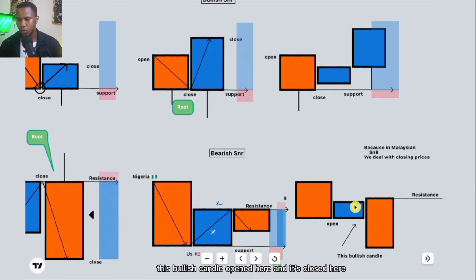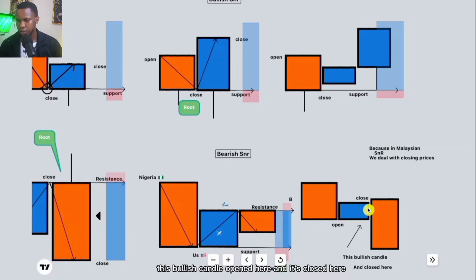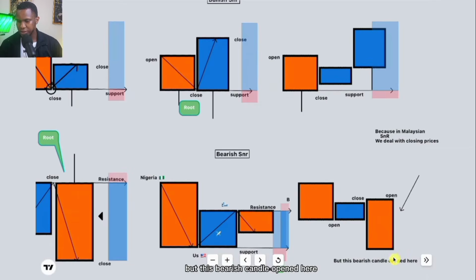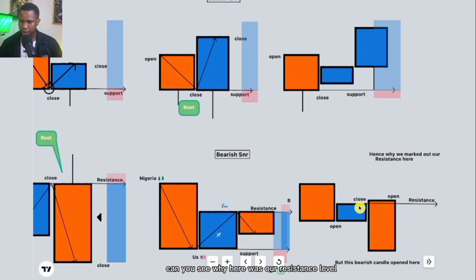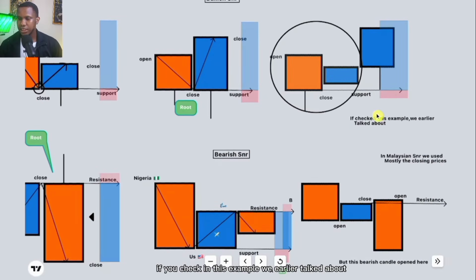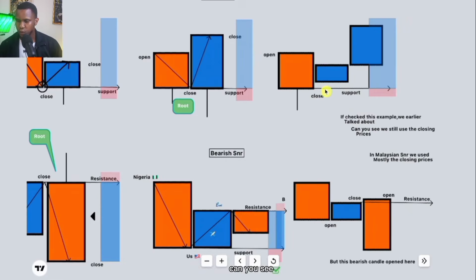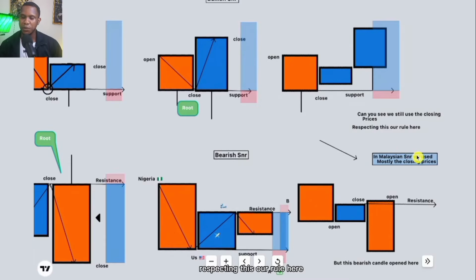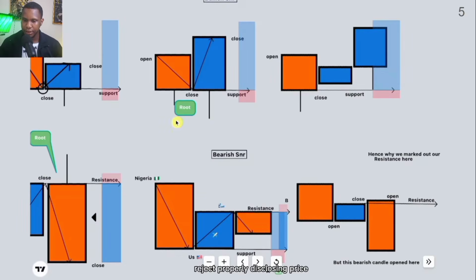This bullish candle opened here and it closed here, but this bearish candle opened here, and you see why here was our resistance level. In fact, if we check in this example we earlier talked about, can you see it was our closing price that we still marked out, beating this our rule here. If we check properly, it's closing price that I've been using to teach all this.